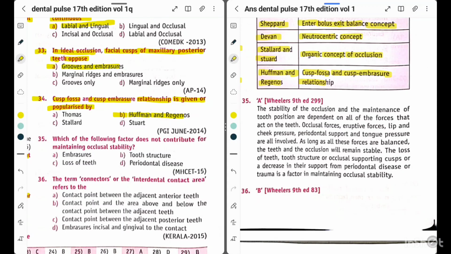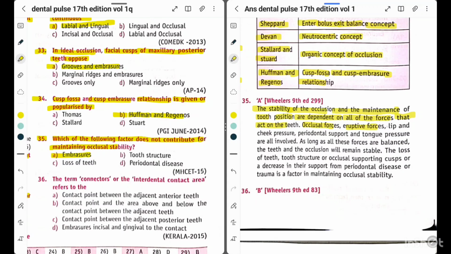Now question 35. Which of the following factor does not contribute for maintaining occlusal stability? Option A, embrasure, option B, tooth structure, option C, loss of teeth, or option D, periodontal disease. So the answer is option A, embrasures. The stability of the occlusion and the maintenance of tooth position are dependent on all of the forces that act on the teeth.